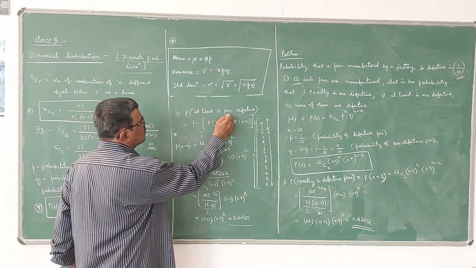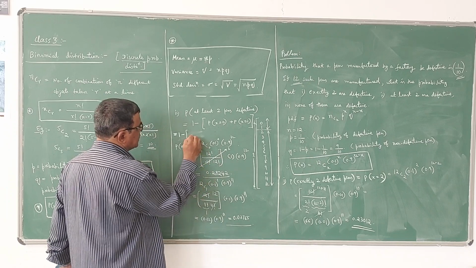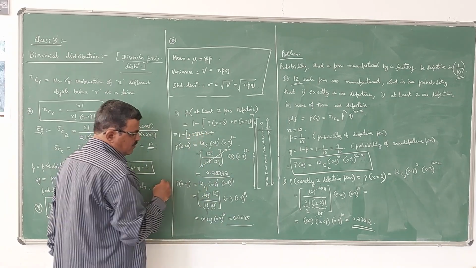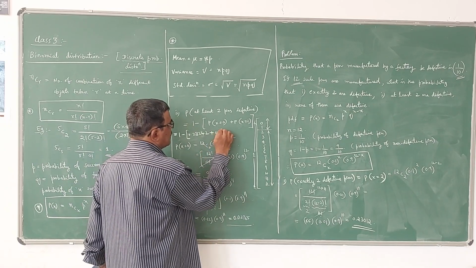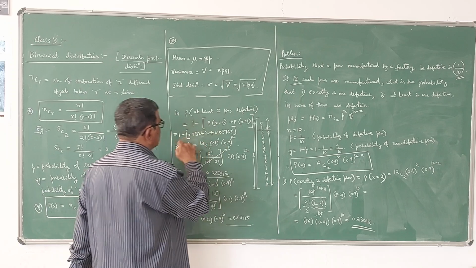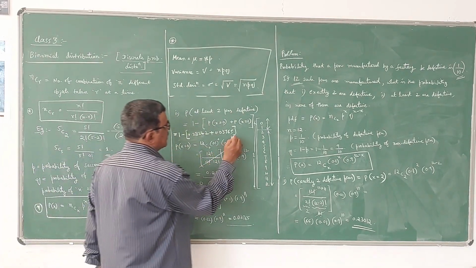P of at least 2 defective is equal to 1 minus of 0.28242 plus 0.03765. So add these two, then subtract from 1. That is the probability.